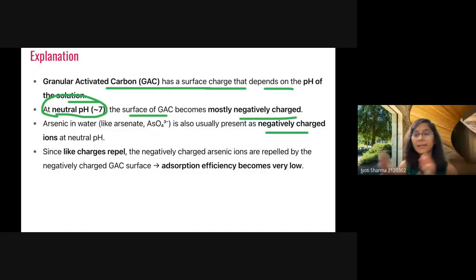So if we have negative charges, that means the charges will repel each other and the adsorption efficiency will be lower. So what we have to do is change the pH. In that condition only can we increase the efficiency of arsenic removal by GAC, because at neutral pH the surface of GAC has a negative charge.